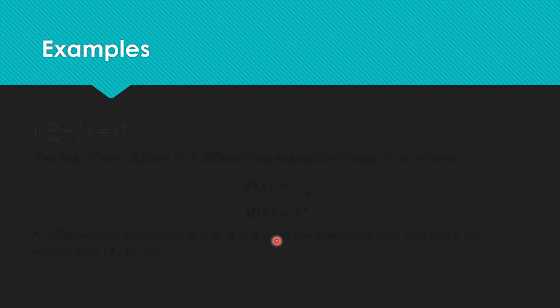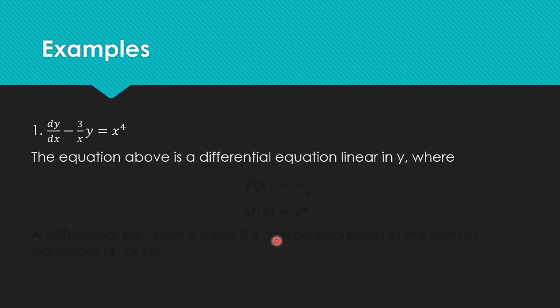So, examples. Ito, directo. This is a very obvious linear differential equation. We have dy over dx minus 3 over x times y is equal to x raised to the 4th power. So, dy over dx as is. Tapos, yung nakamultiply sa y, that is your p of x. So, that is negative 3 over x.